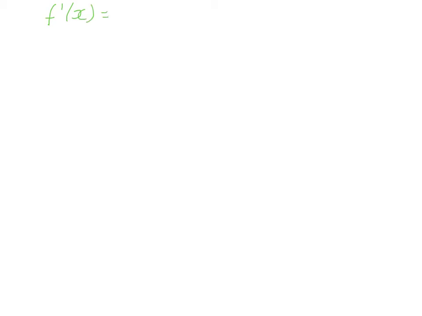So our first derivative was 1 minus 1 over x minus 1 squared, which is 1 minus x minus 1 to the negative 2.